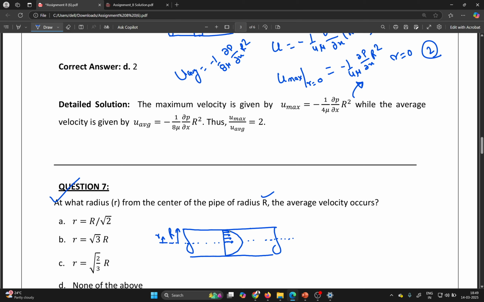Just touch this profile with an arrow at that point. So you need to calculate this value in this question. At what point does your average value just touch your parabolic profile? So this is the question. Now you can think.